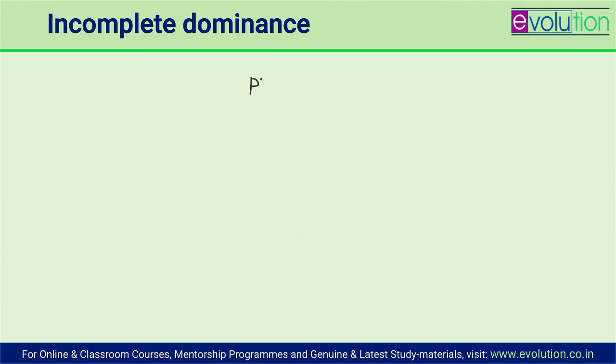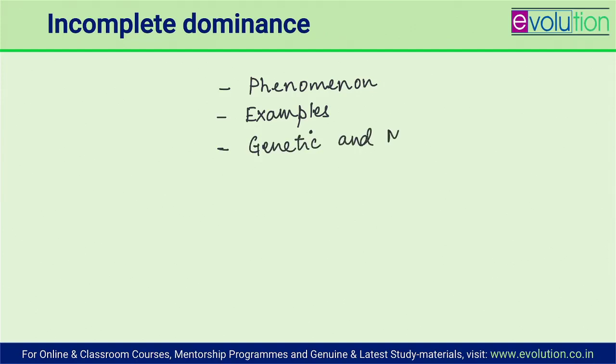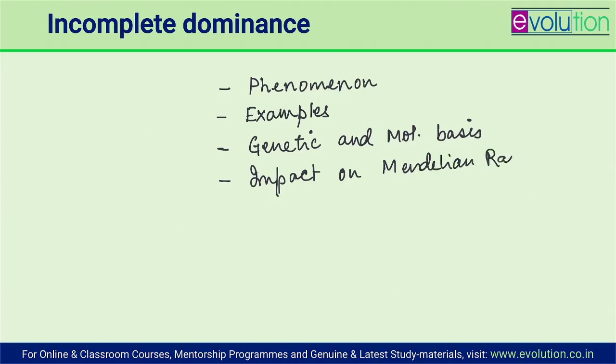First and foremost, understand that you are going to be asked a direct question where first you have to explain the phenomenon, then examples, then its genetic and molecular basis, its impact on Mendelian ratios, and lastly, significance.